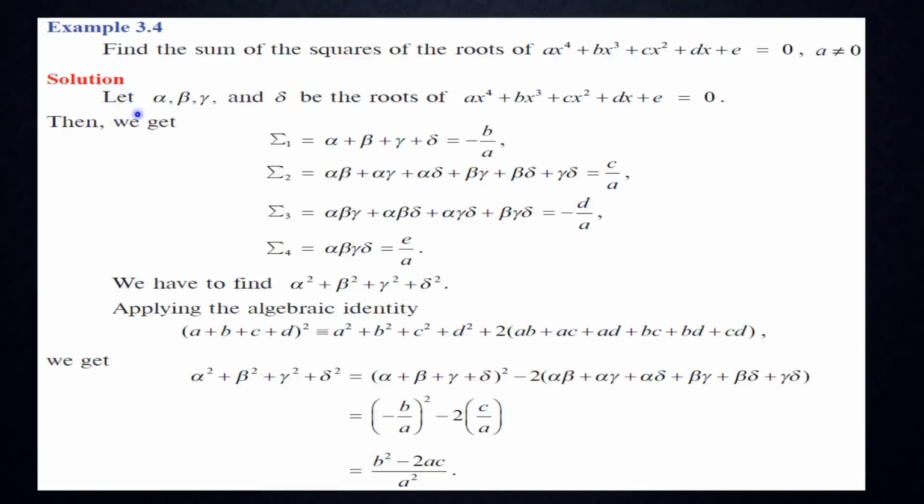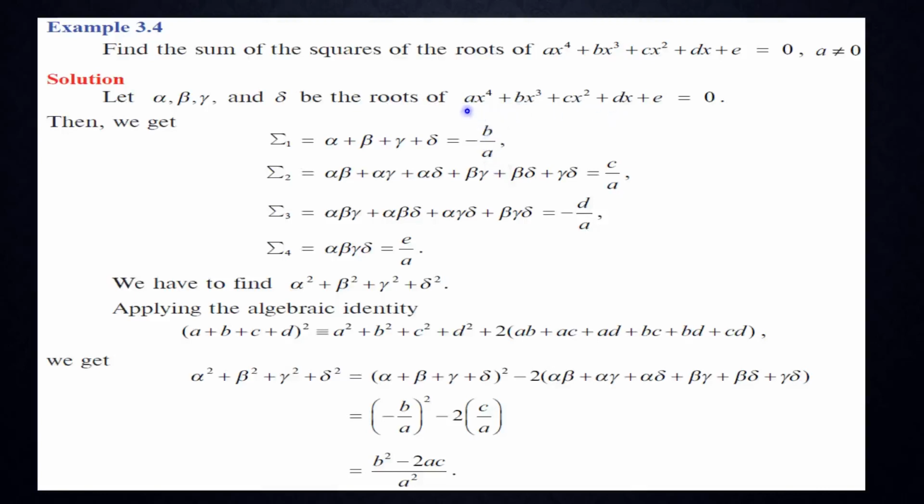You have to take the roots as alpha, beta, gamma and delta. Okay, for this equation. Then the sum of the roots is taken as summation 1. For that the formula is minus b by a. So here from this we can directly write minus b by a.